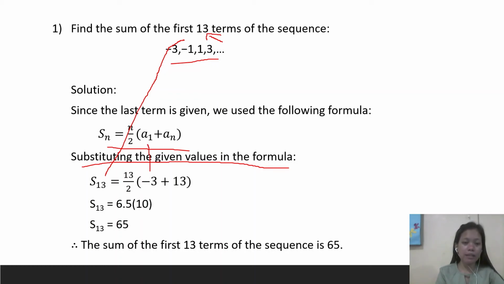So S sub 13 is equal to 6.5, which is 13 divided by 2, times negative 3 plus 13, which is equal to 10. So 6.5 times 10 is equal to 65. So the sum of the first 13 terms of the sequence is 65.